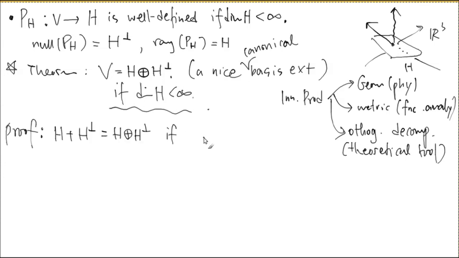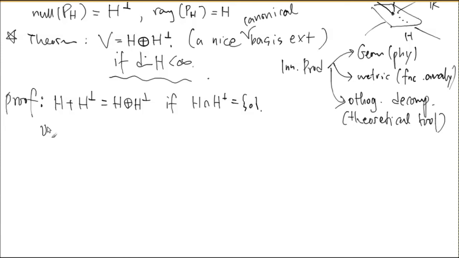H is a direct sum if the intersection is trivial. All right, let's do that. Say v is coming from H, and v is also in H perp. Because of finiteness, we have a projection map, right? We do have a projection map. So let's see, what do you know about this fact?